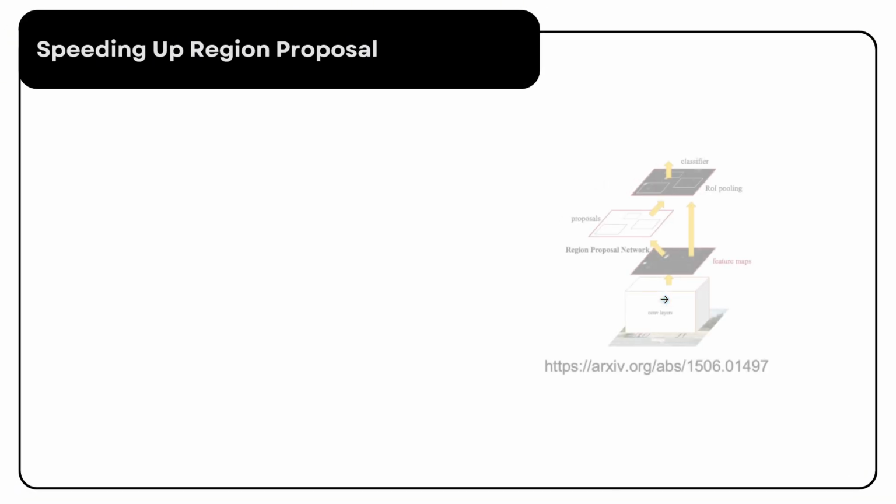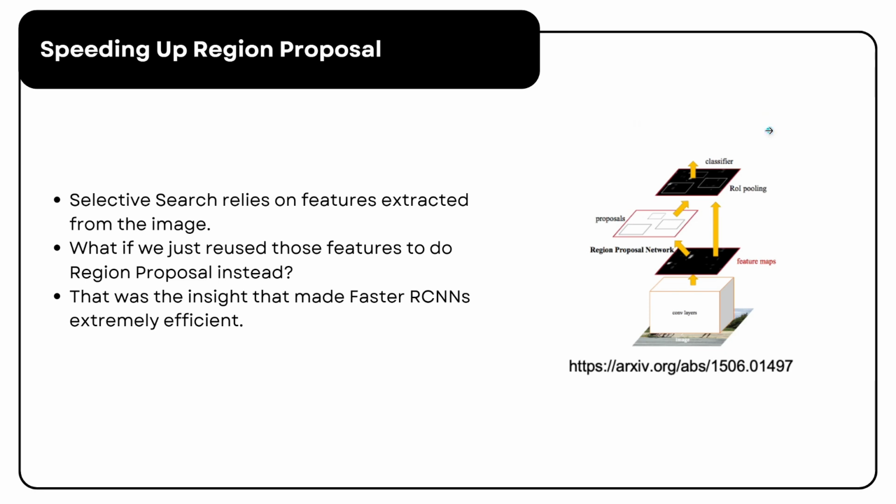So next, now that we've seen how Fast RCNN improved classification and bounding box prediction, the next big leap came with Faster RCNN, and it all boiled down to this key idea: why rely on selective search, which is slow and separate from the model, when we already have a feature map from our CNN?